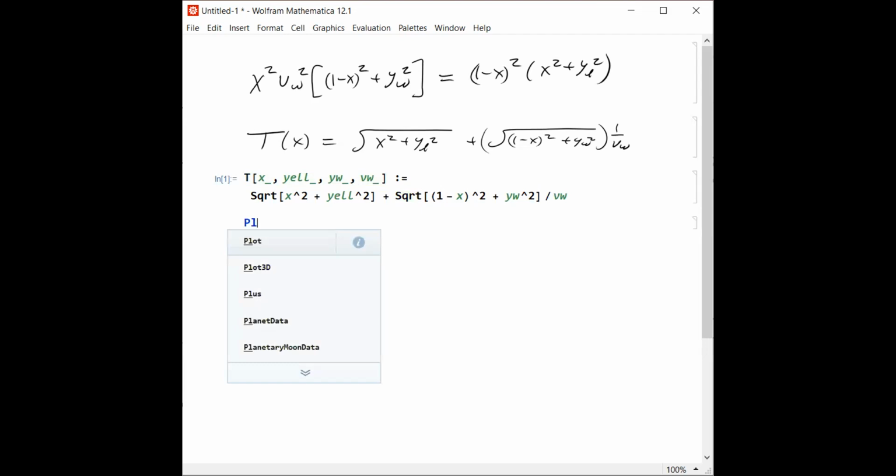So let's do a plot of x. We have to choose values for YL, YW, and VW.